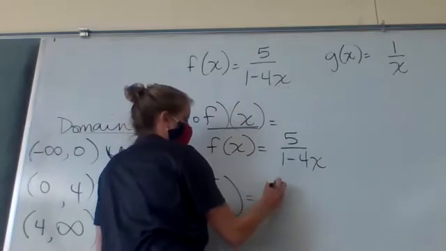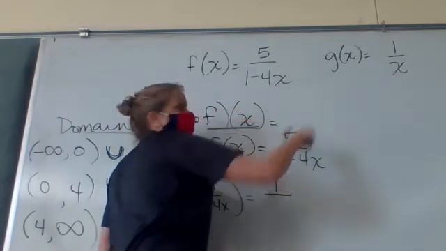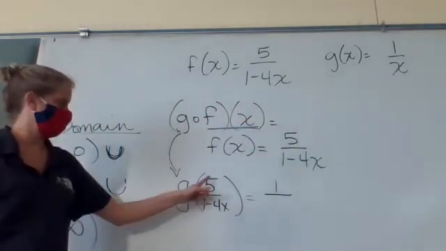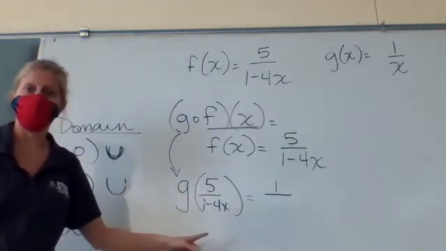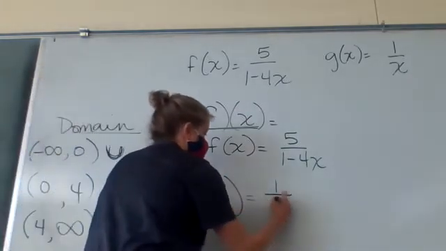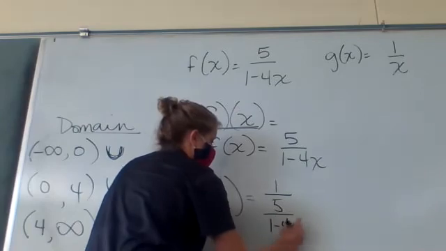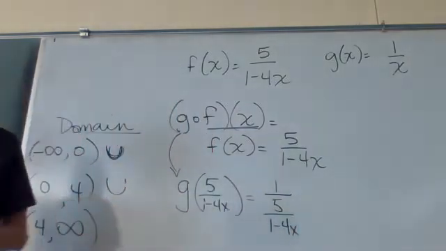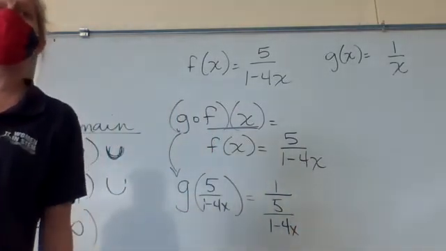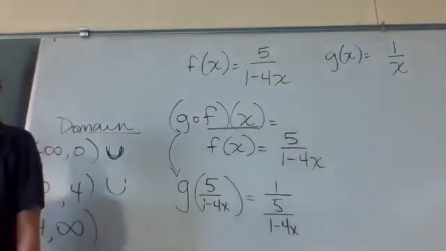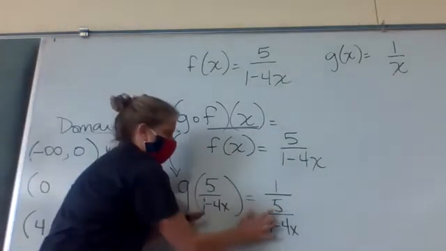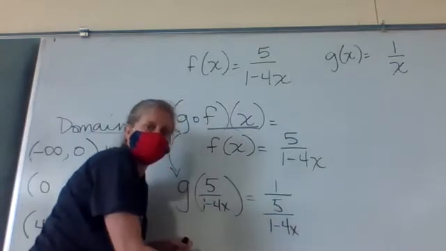I have 1 over, what do I put instead of x? This. Yeah, good. 5 over 1 minus 4x. Now, remember, MyMathLab's not going to let you type that answer in like that because the denominator of your whole fraction has a fraction.